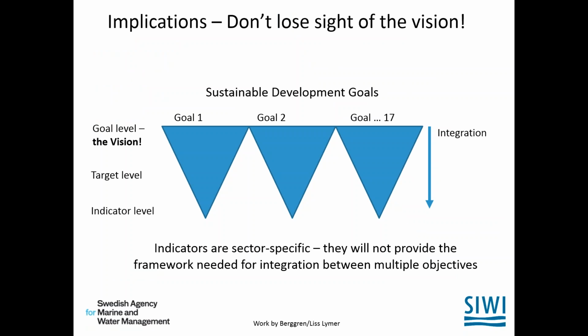However, at the indicator level, the SDG indicators, those that concern sustainable production, like food, energy, industry, etc., don't really capture issues related to water use and water quality. Those issues are primarily dealt with in relation to goals and targets for freshwater and oceans, the SDG 6 and 14.